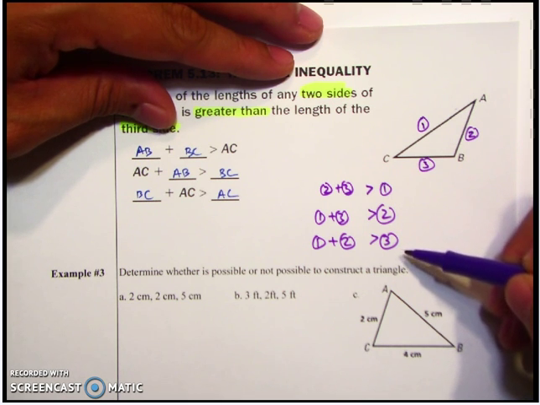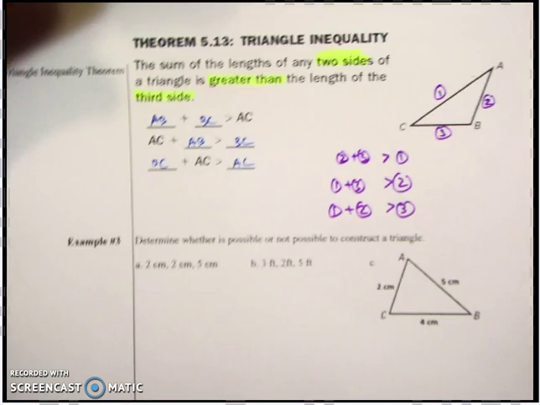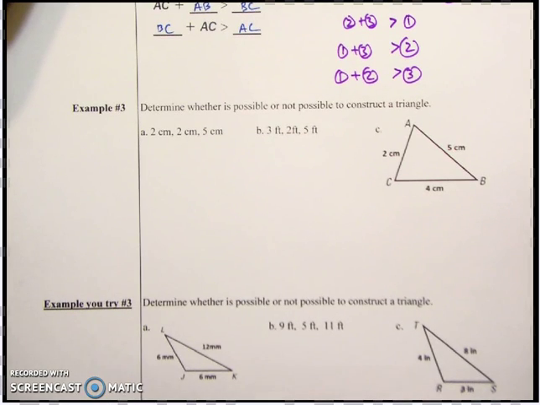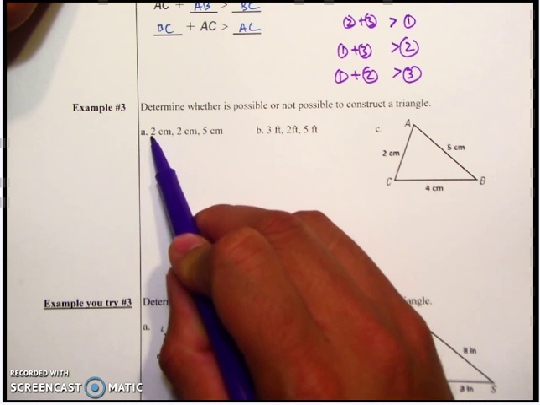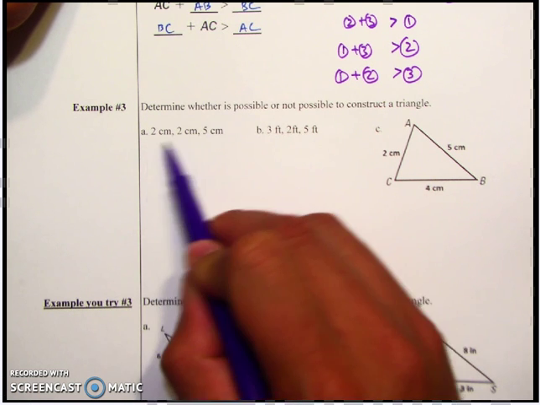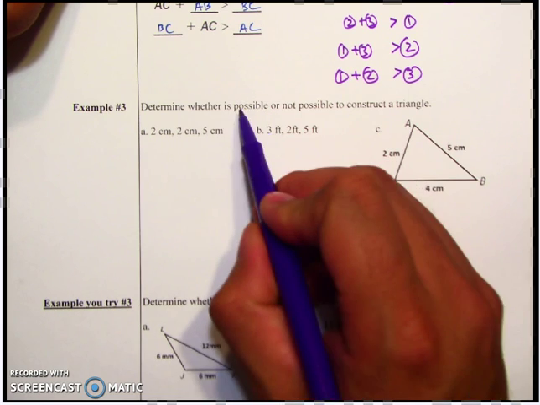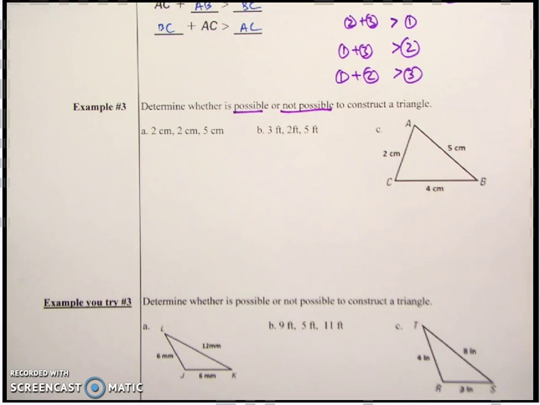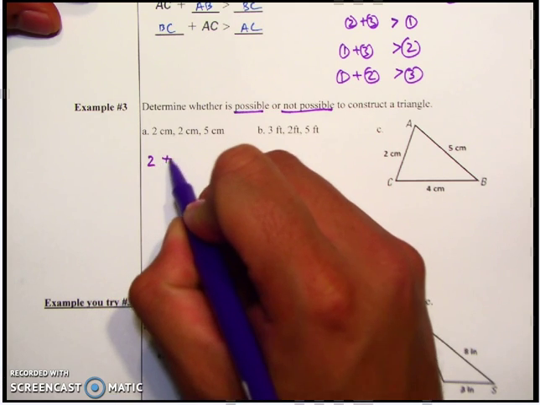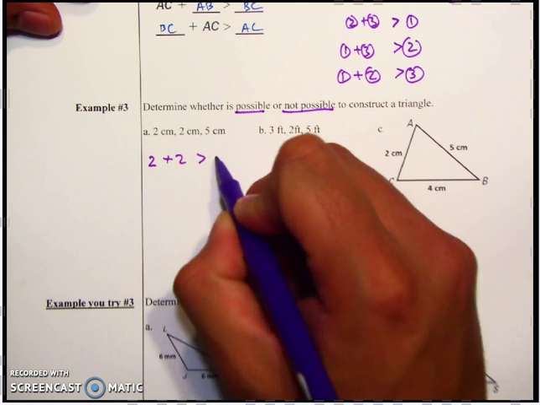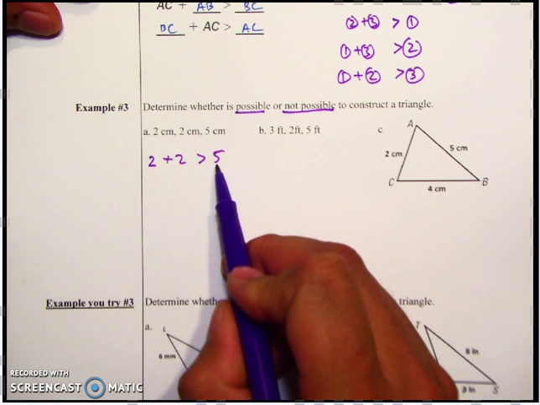Okay? So let's try example 3 and see if we get the concept. So, you have 3 sides: 2, 2, and 5. They're all centimeters. They want to know if it's possible or not possible. So, let's take the first 2 sides here. 2 plus 2, plus the third side, 5, has to be bigger than the third side.